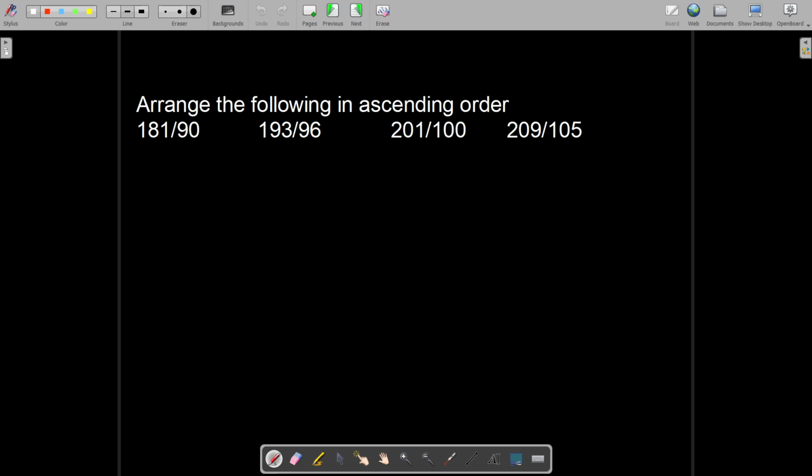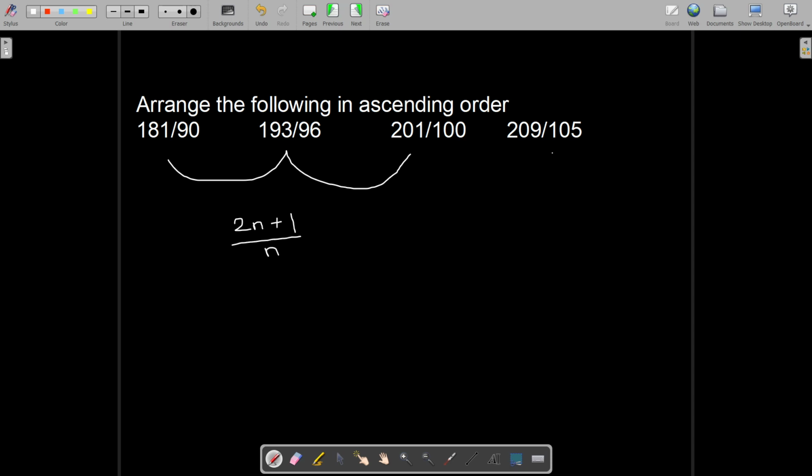Arrange the following in ascending order: 181 by 90, 193 by 96, 201 by 100 and 209 by 105. Here, if you try to find a pattern, these three have the pattern of 2n plus 1 by n.